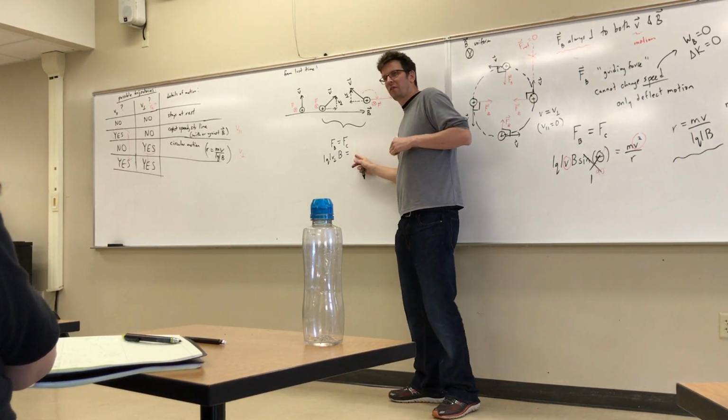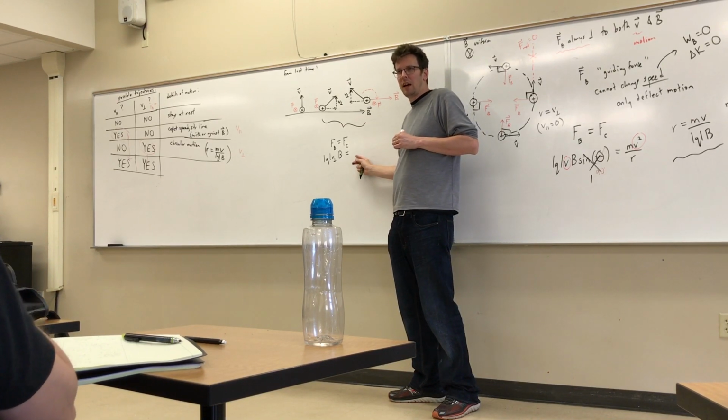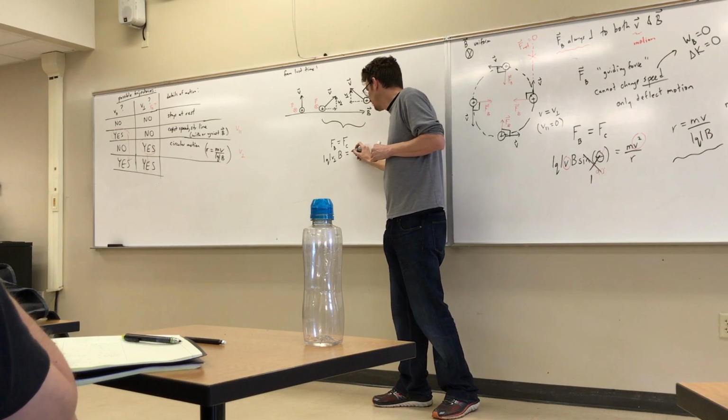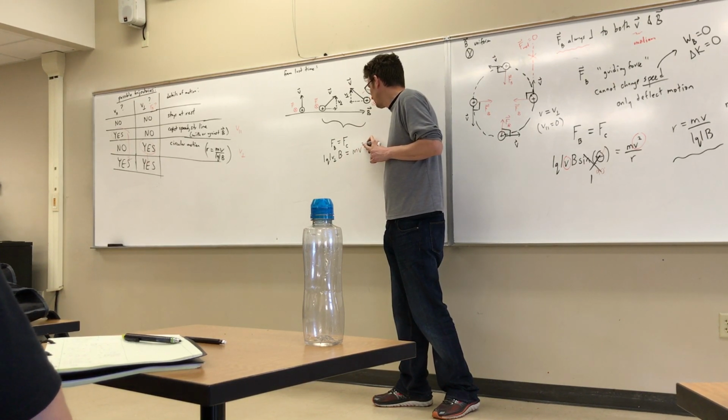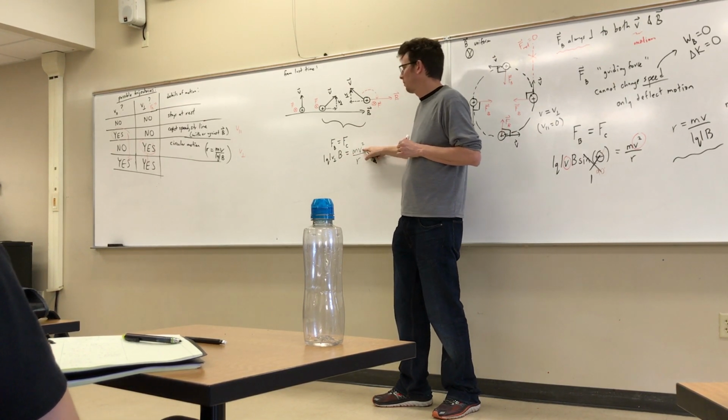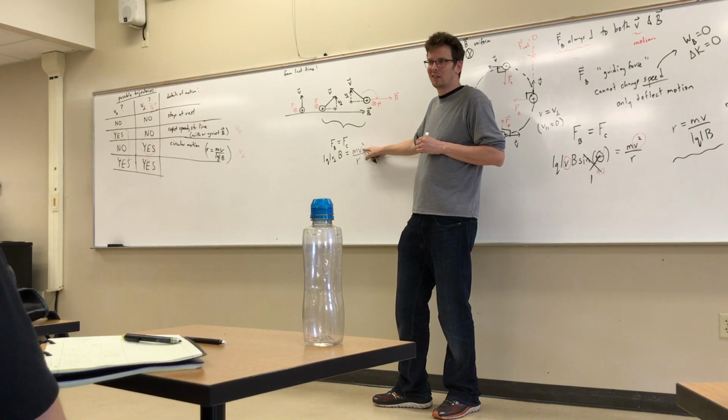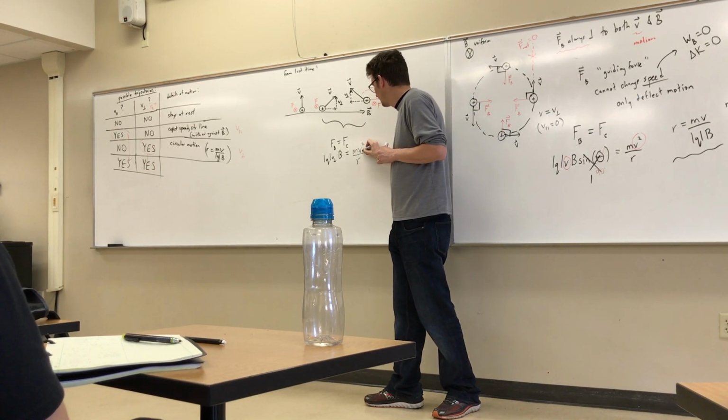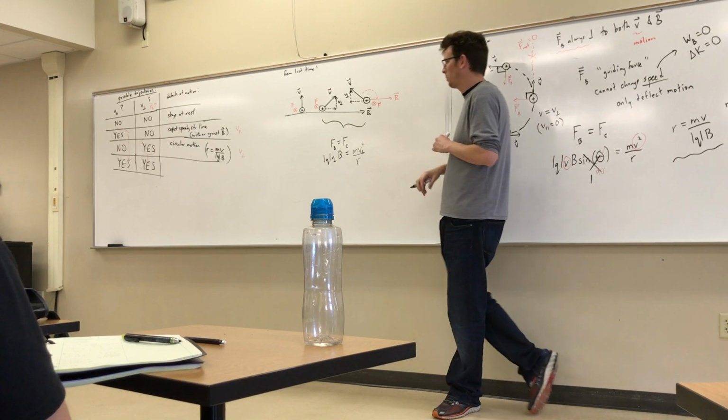And then, for the first time probably ever in physics 1 or 2, you have to be really, really careful with this. Because this is no longer the entire speed. This is only V perpendicular.